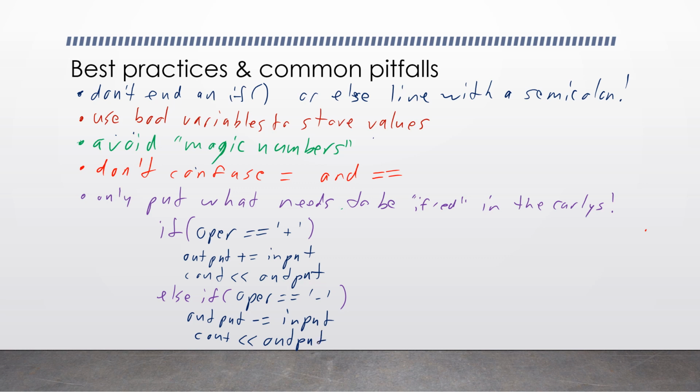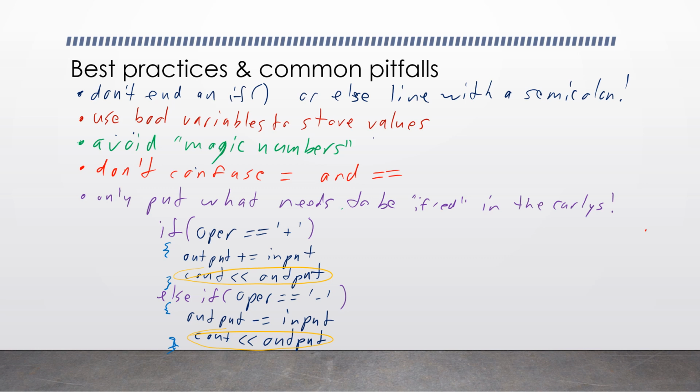What did I do wrong here? Well, for one thing, I forgot my curlies. Keep doing that. But what I really did wrong here is I took a statement that I'm going to do whatever operator turns out to be, and I put it in the if and I put it in the else if.